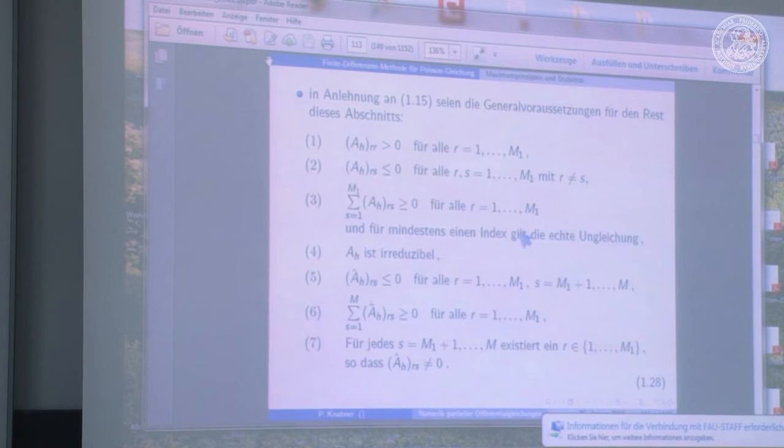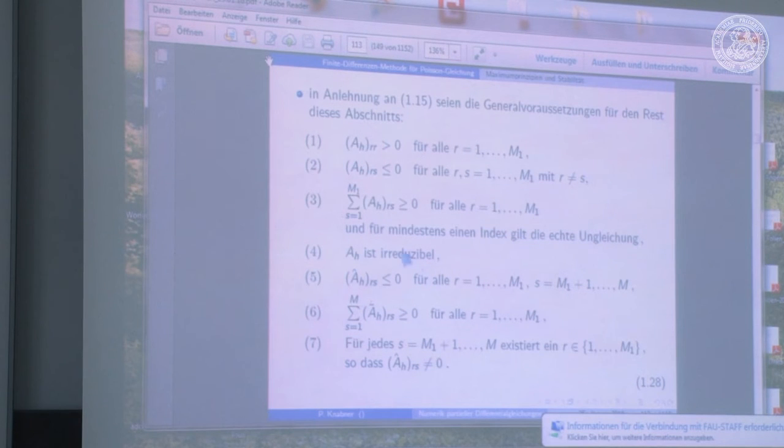There is this condition which says that any Dirichlet boundary condition should influence, so to speak, the solution in some way. It should not be just a 0 in the corresponding column of the matrix. That's all not so critical.